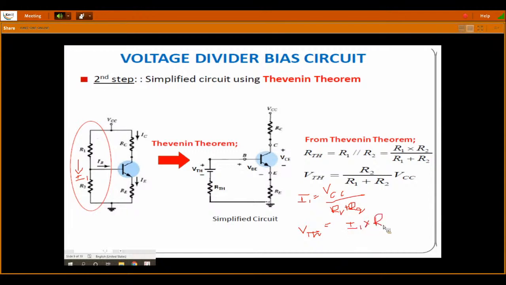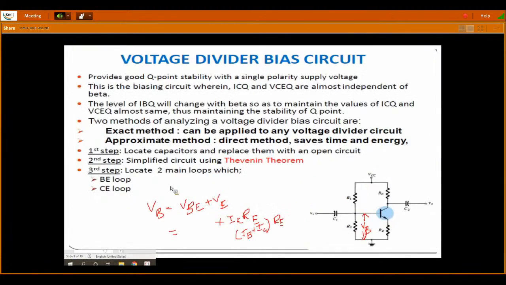If I replace I1 with VCC by R1 plus R2, then VThevenin is equal to R2 by R1 plus R2 into VCC.